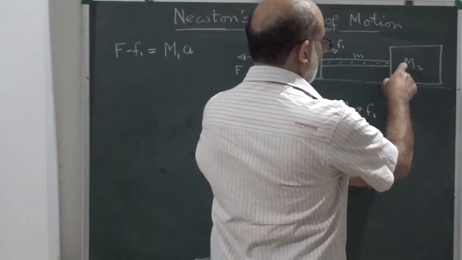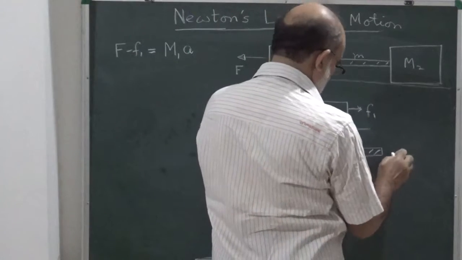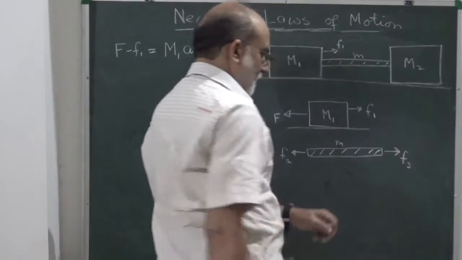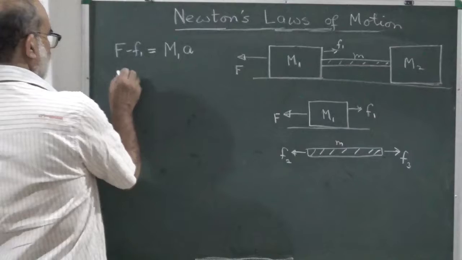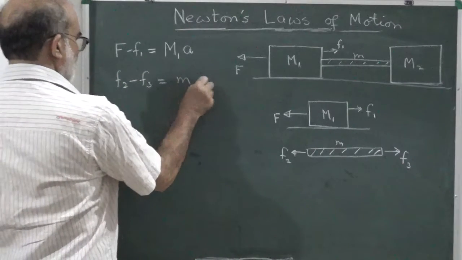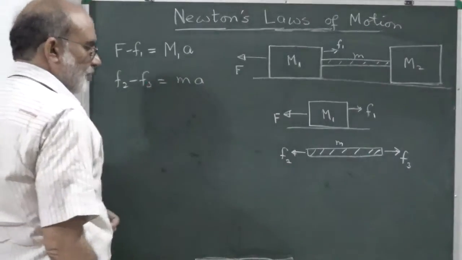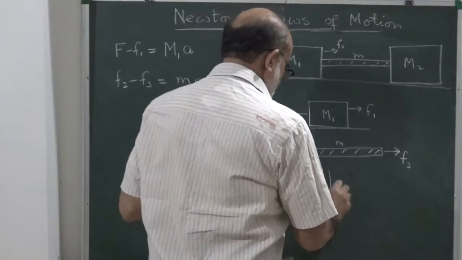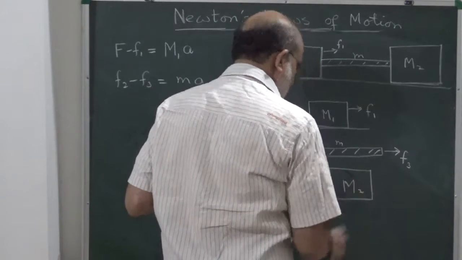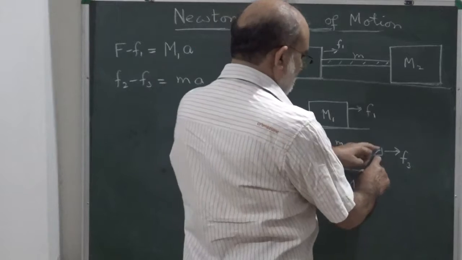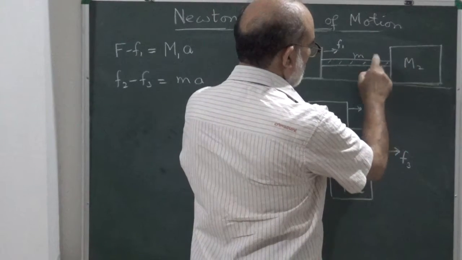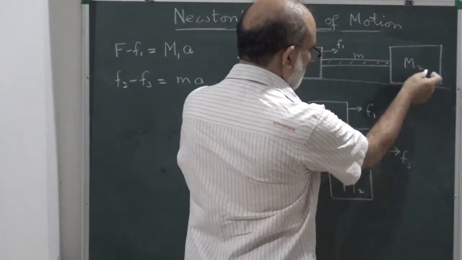Now this rope is attached to another mass. This mass will also push the rope by, say, F3. So the resultant force here, F2 minus F3, is equal to ma, where m is the mass of the rope. If the rope is being pulled by the mass M2, obviously the rope will pull the mass M2.